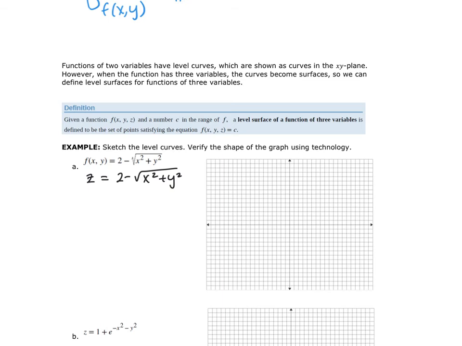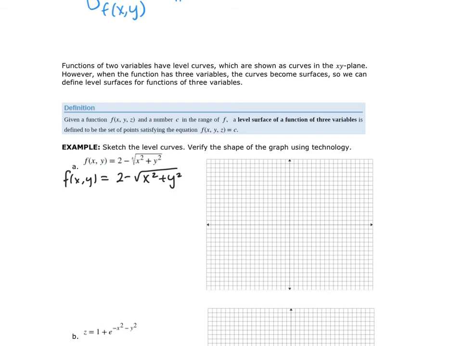So the first thing we need to talk about is the domain of my original function. So I'm really talking about f of x, y, because I need to know what I can put in so that when I try to do my level curves, I know that I'm choosing valid choices for c.